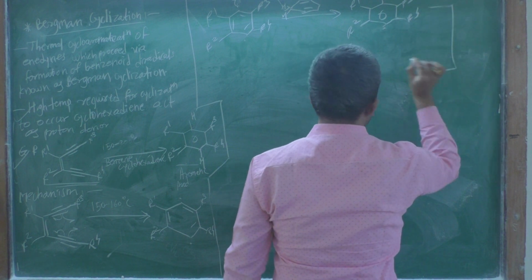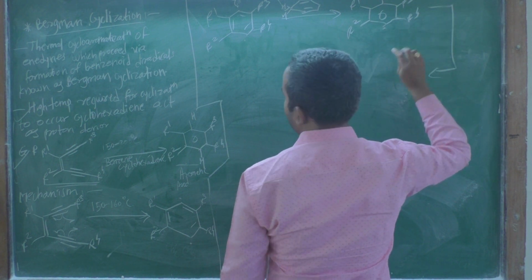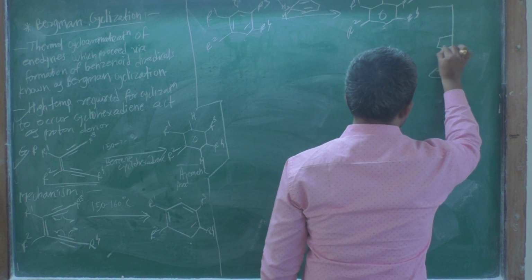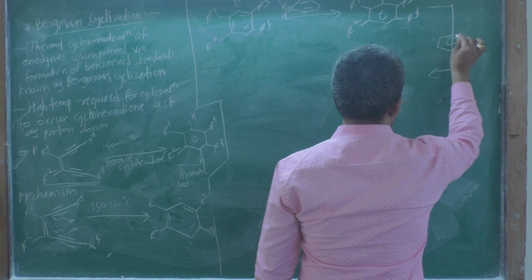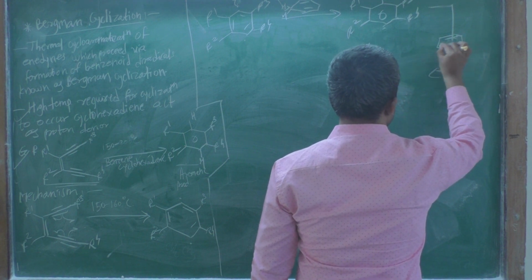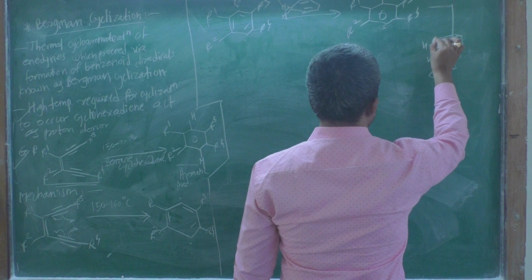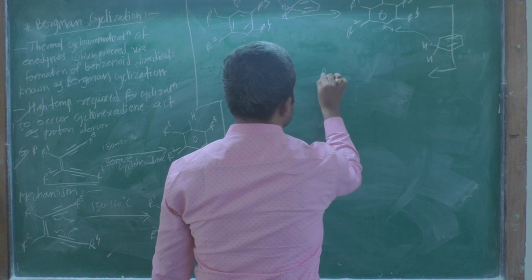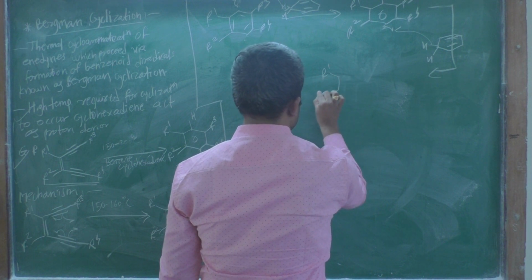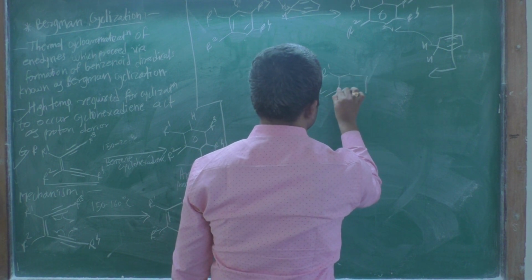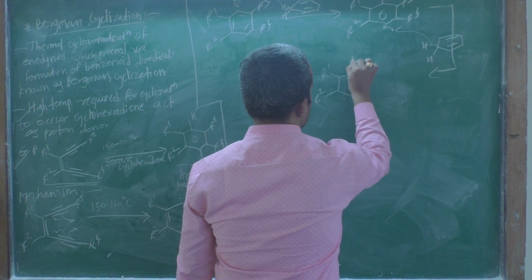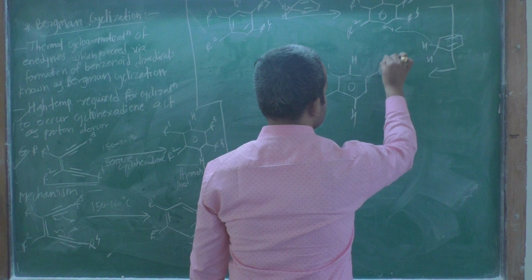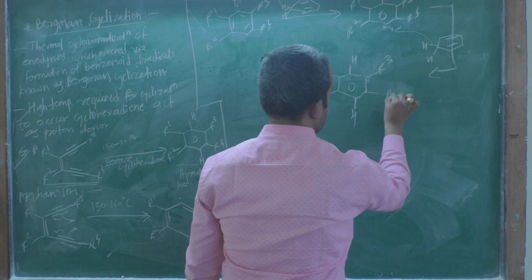Then it is again treated with cyclohexadiene acting as a hydrogen donor, giving R1, R2, H, R3, and R4.